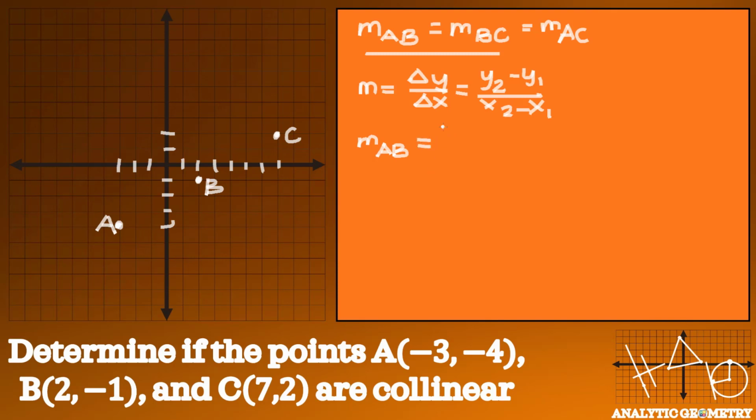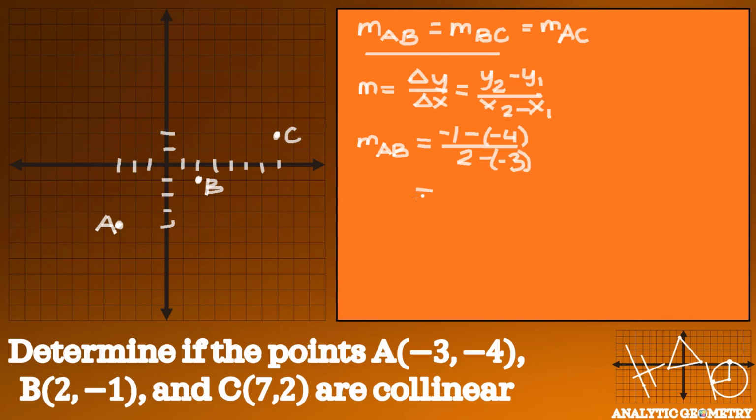In short, the y sub 2 is the y ordinate of our B, which is -1, minus our A, which is -4. Please don't forget to include our parentheses here. Over our x sub 2, which is 2, minus our x sub 1, which is -3.